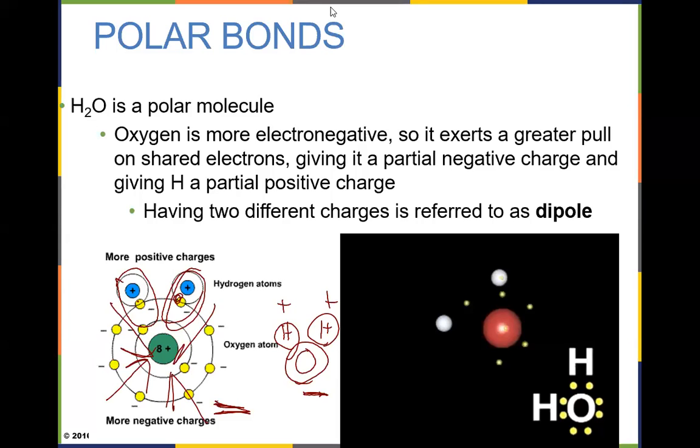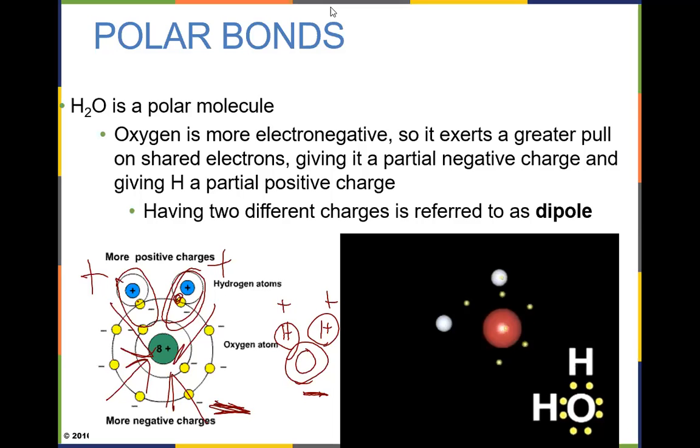And so you end up with a slight positive charge on the hydrogen ends, and a slight negative charge on the oxygen end. We call this a polar molecule because it has a positive pole and a negative pole. It has two positive poles and a negative pole because of unequal sharing of the electrons.